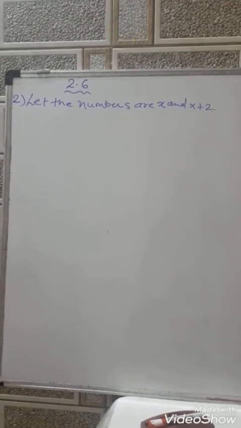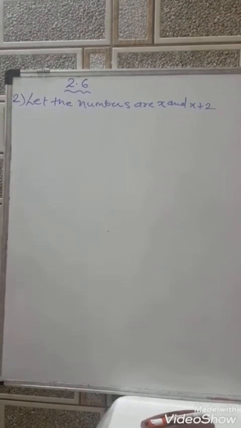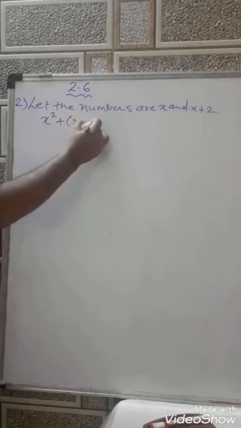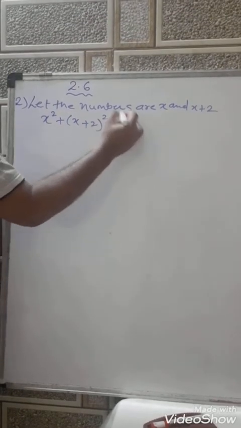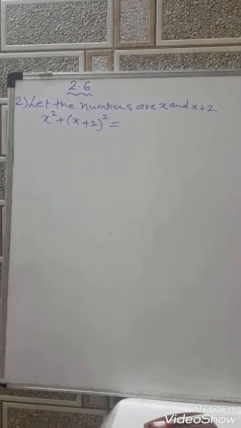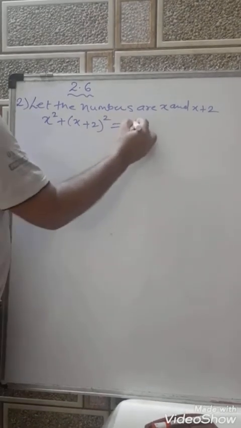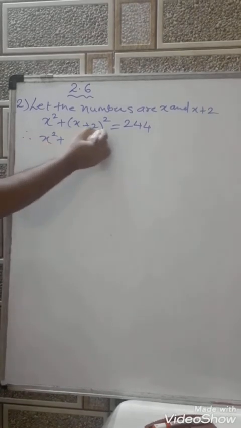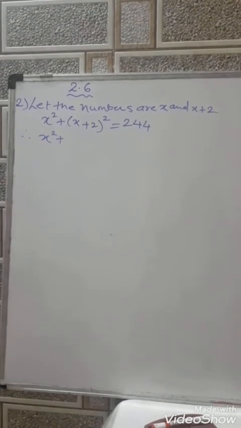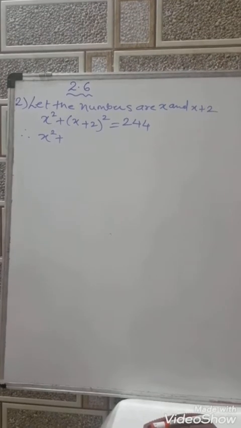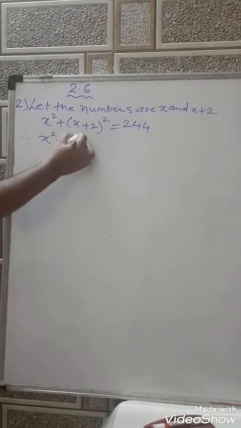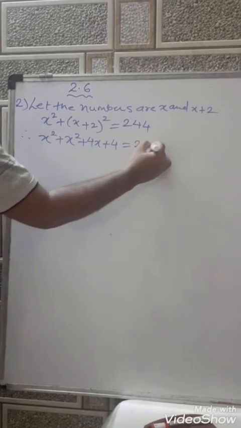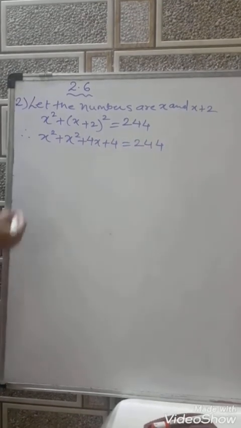The sum of the squares means x square plus x plus 2 the whole square equals 244. We use the formula a plus b the whole square, so you get x square plus 4x plus 4 equals 244.